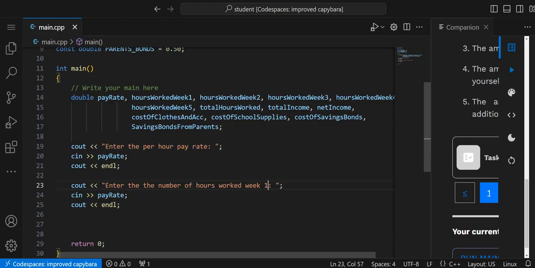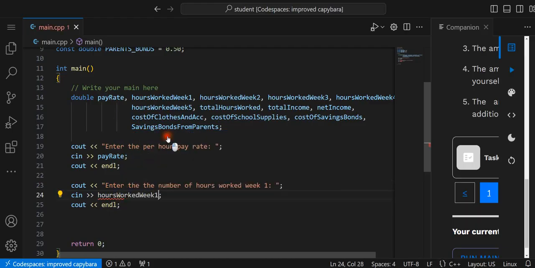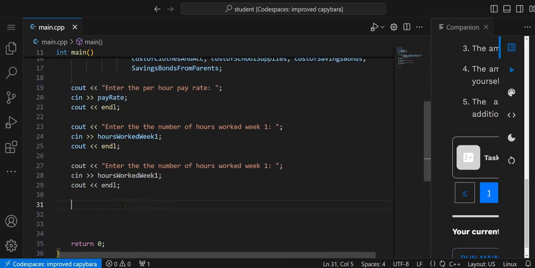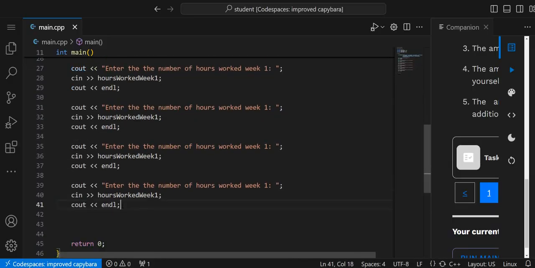Okay, so this is going to be pretty cool and pretty easy once we get this one set up. Hours worked week 1. Inline. So now we've counted these 5 times. So 4 times it is. 2, 3, 4, week 5.